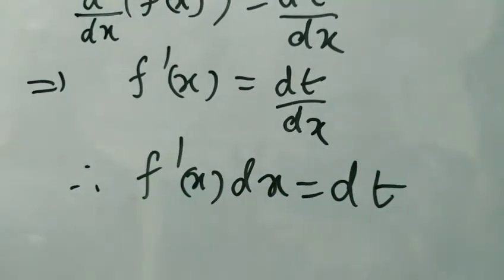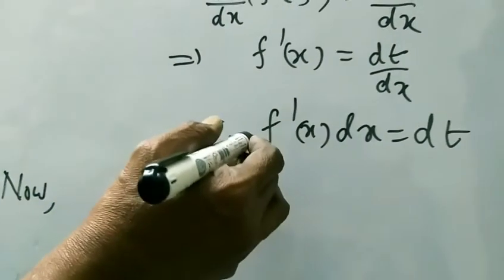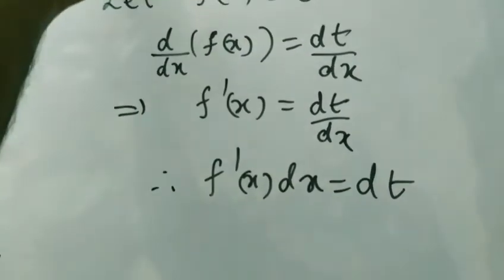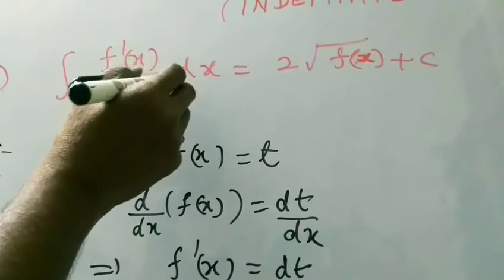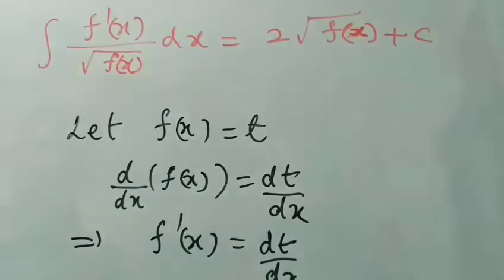Now we have to substitute f dash of x dx in the given statement, wherever f dash of x dx is given, divided by square root of f of x.